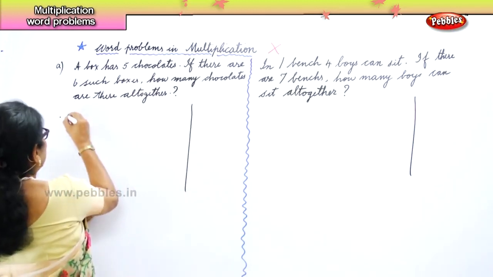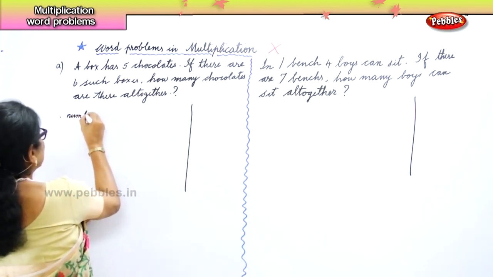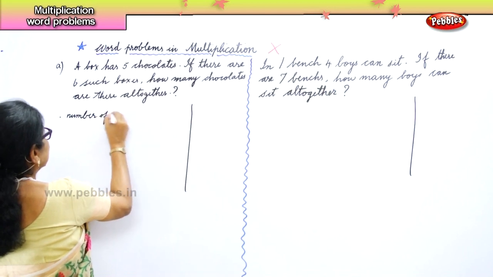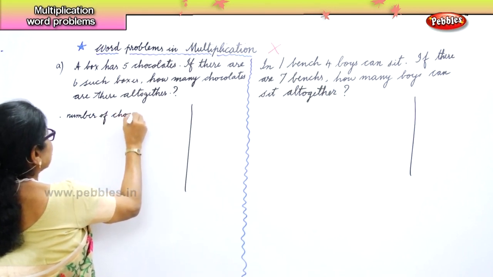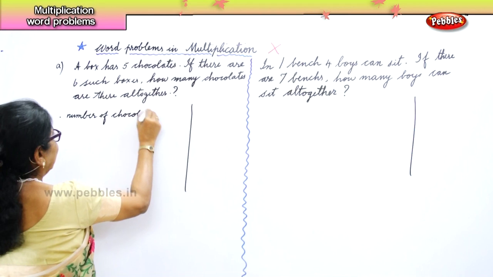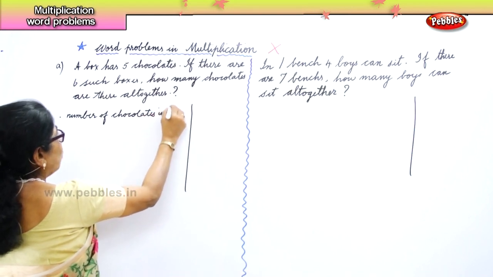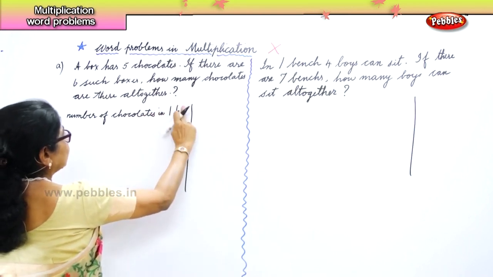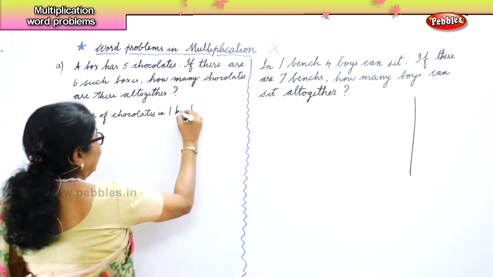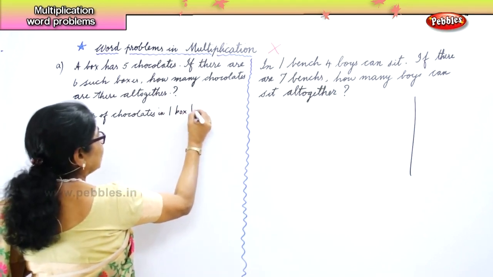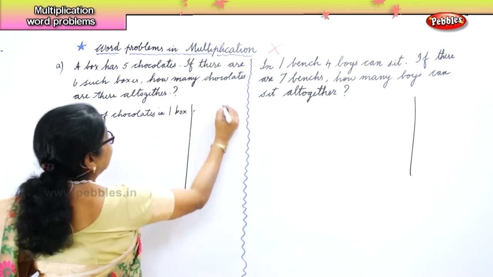Good. Number of chocolates in one box equal to how many? 5.